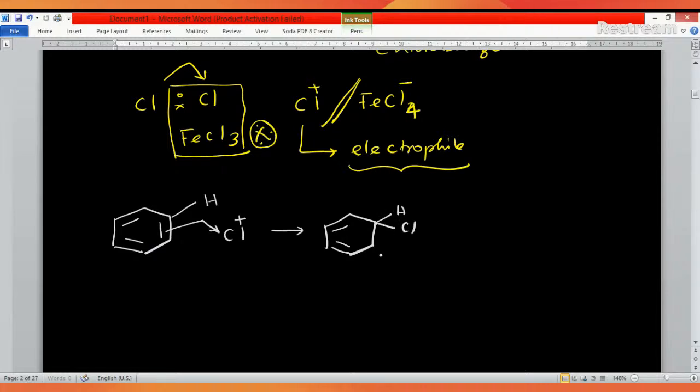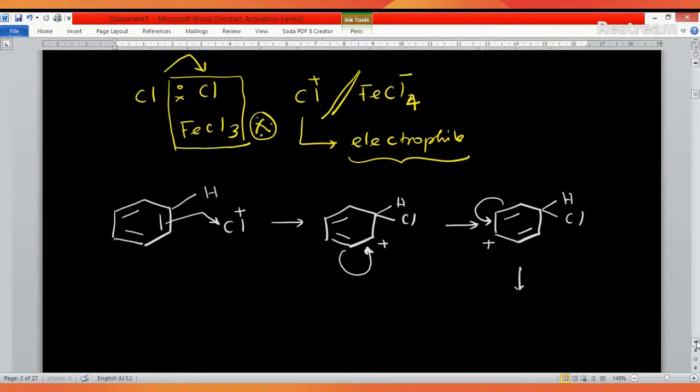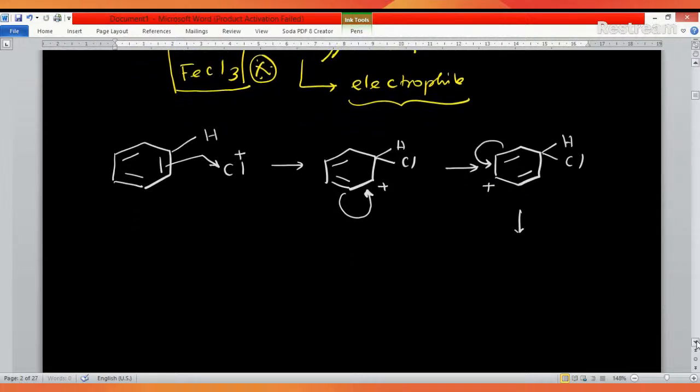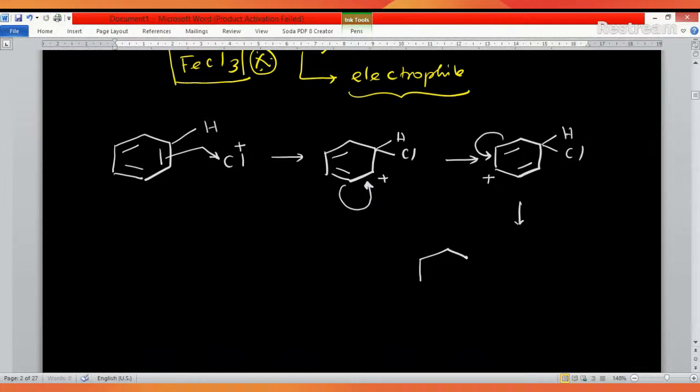This is the intermediate, and in order to make it neutral, the pi electrons are in movement, which leads to the formation of another resonating structure. This is the possible resonating structure, with H and Cl. It is carrying plus. When the pair of electrons moves towards this side, we have another resonating structure. The intermediates are formed as follows.